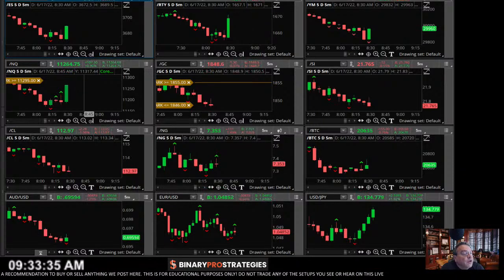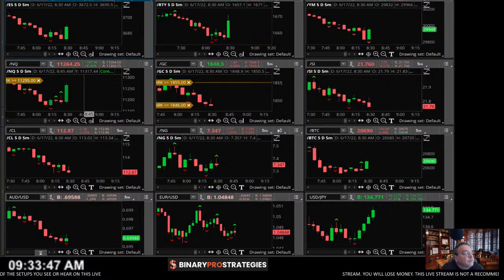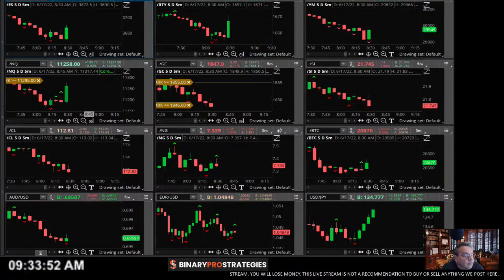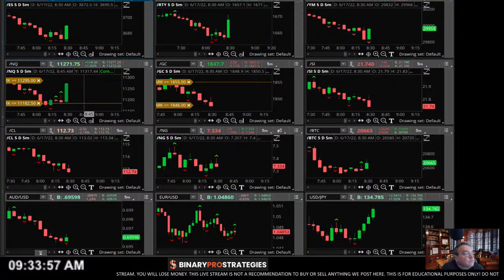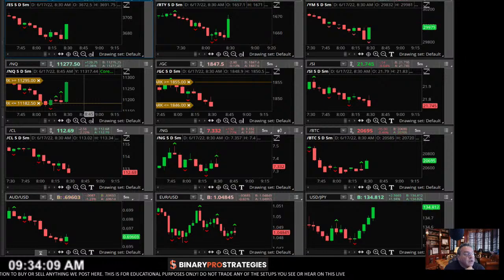And if we don't hit target, we're going to reverse on the mini Nasdaq at 111.82 and a half. All right, so we're long the mini Nasdaq, short gold, and short the Euro US.